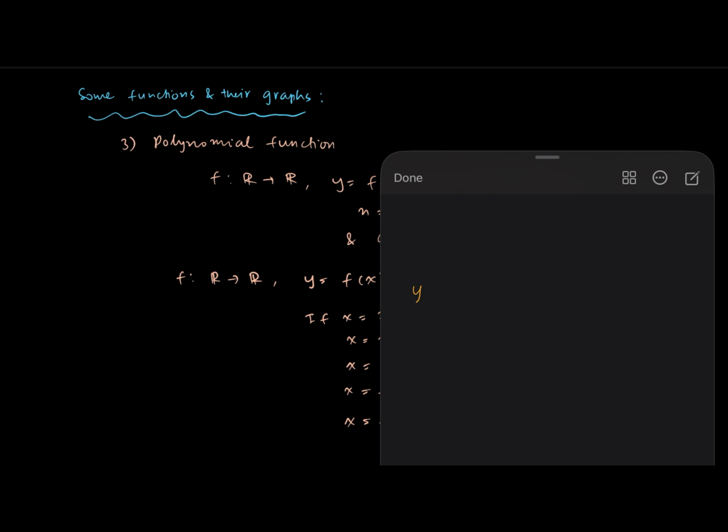Similarly, suppose we have another polynomial function y is equal to x cubed. So here one can observe that for value of x equal to 2, value of y is 8, and for value of x equal to negative 2, value of y is negative 8. So this is another example of a polynomial function.